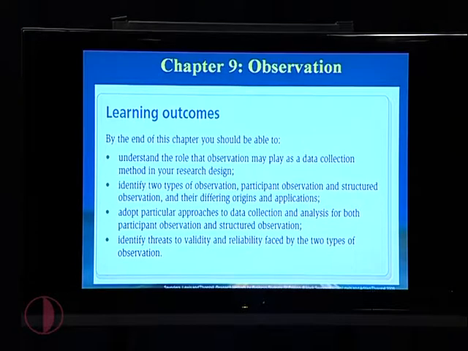Our lecture for today is Chapter 9, Collecting Primary Data Through Observation. From this lecture, we expect to have some learning outcomes: to understand the role that observation plays in data collection according to our research onion, to identify the two types of observation for the researcher, participant observation or structured observation.